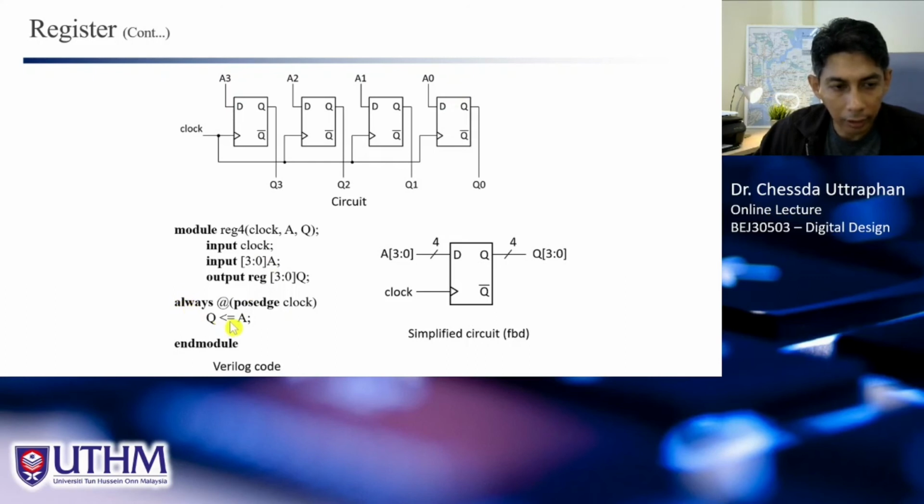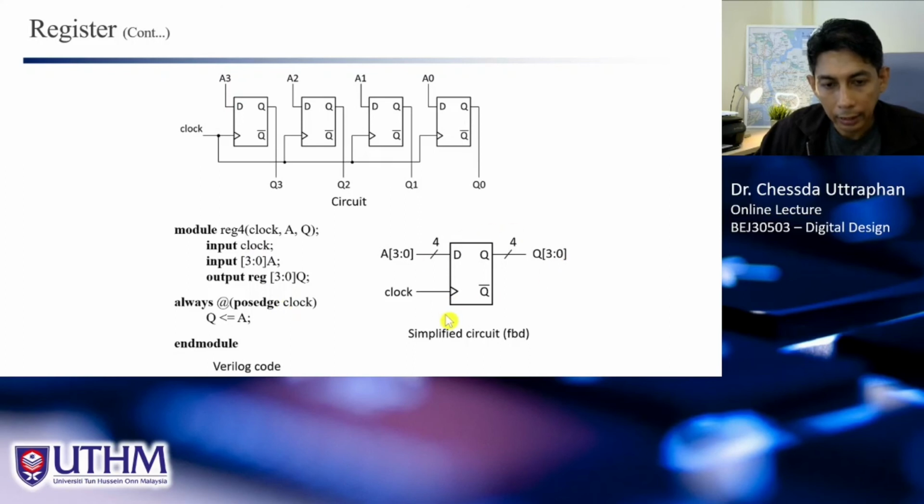The way we code the register is the same as the way we create the flip-flop. The only difference is the size of A and Q. And again, we have the register now, a 4-bit register. If you have an 8-bit register, change this to 7, here to 7, and you will have the 8-bit register.